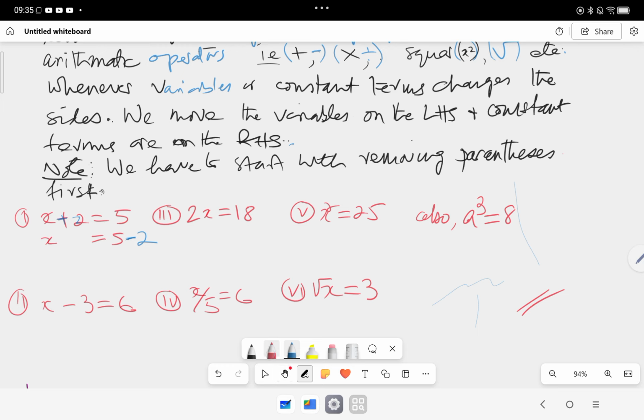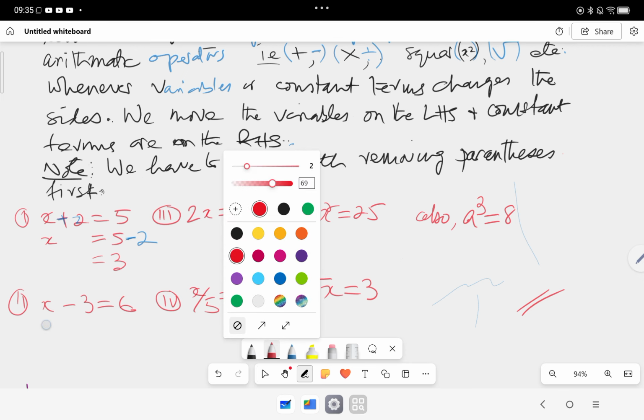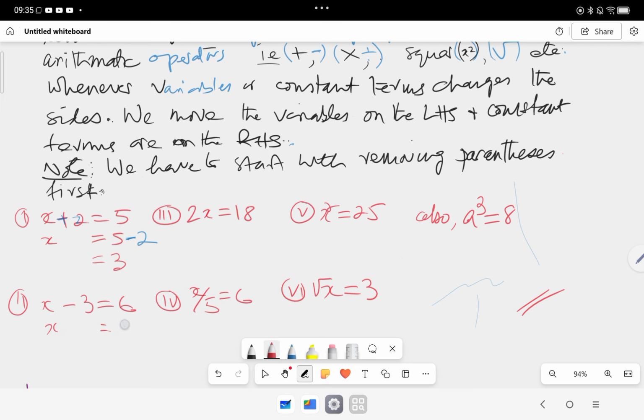Now the answer is x equal to 3. So when x equal to 3, x plus 2 will give you 5. And when subtracting, x minus 3 equal to 6, we take this negative sign to the other side, adding this 3 to 6 gives us 9.